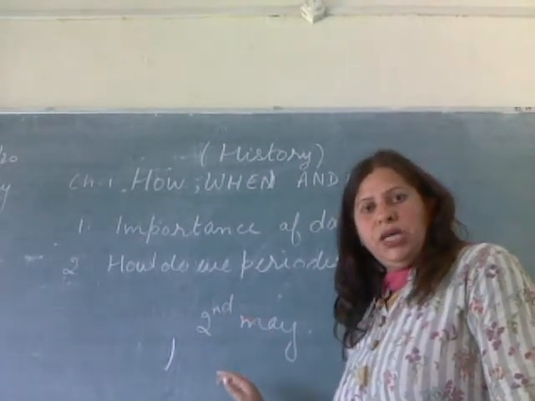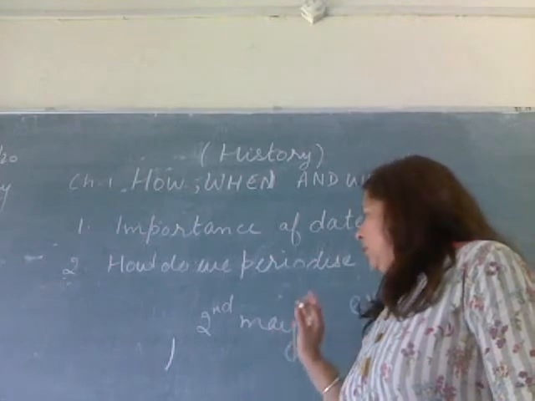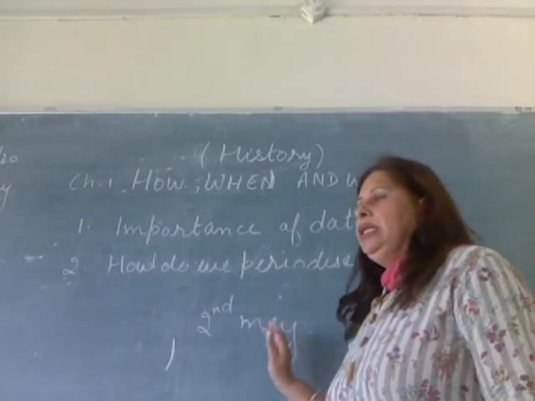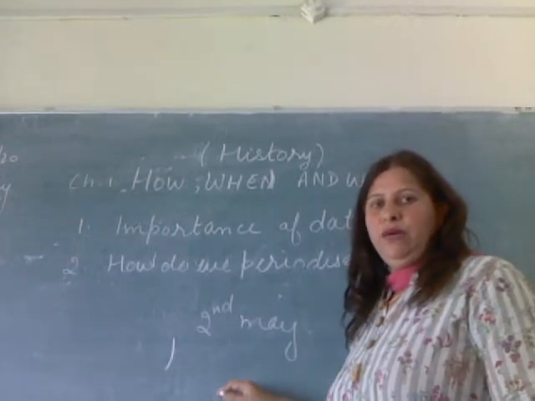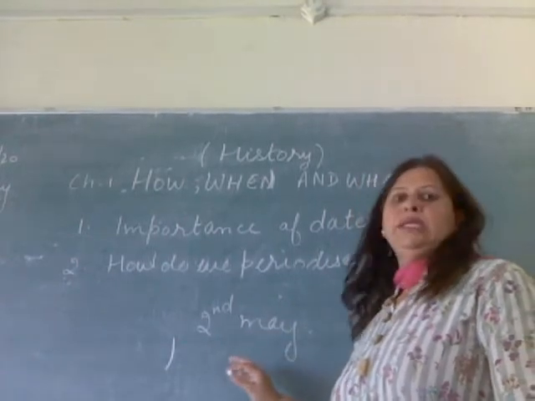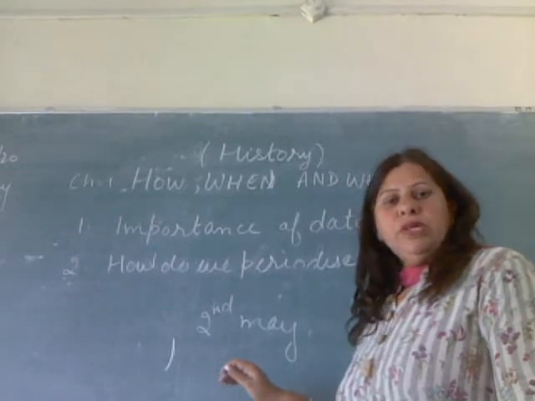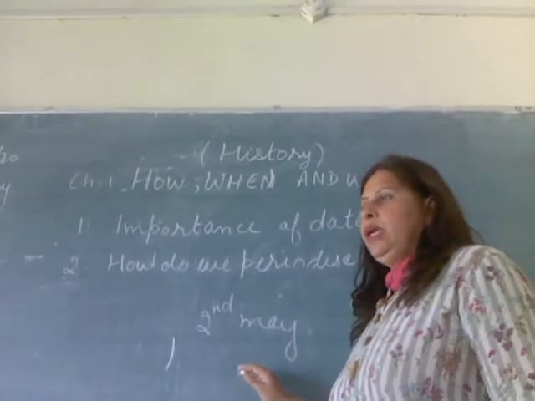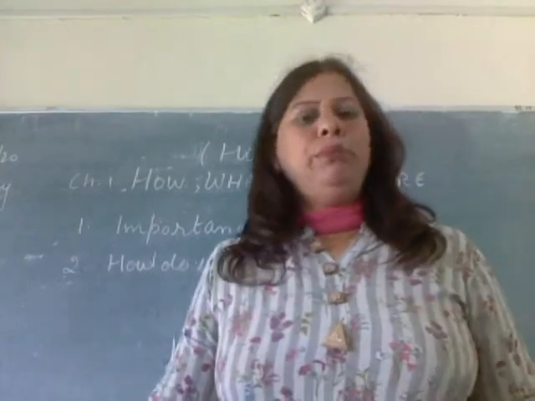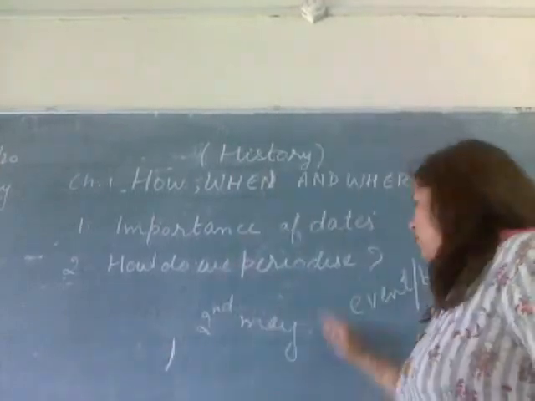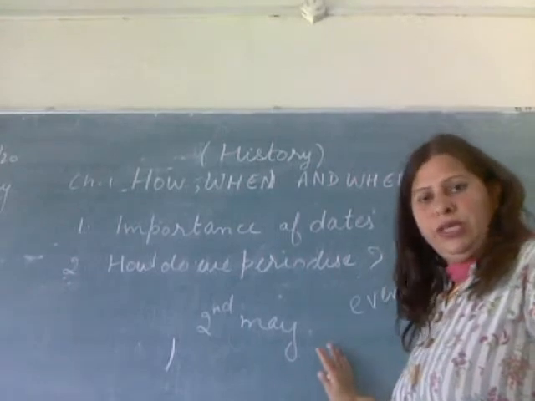The history which was written by British historians covered all the governor generals who ruled India from time to time. For example, the first governor general was Warren Hastings and the last governor general was Lord Mountbatten. So they wrote about all these governor generals.